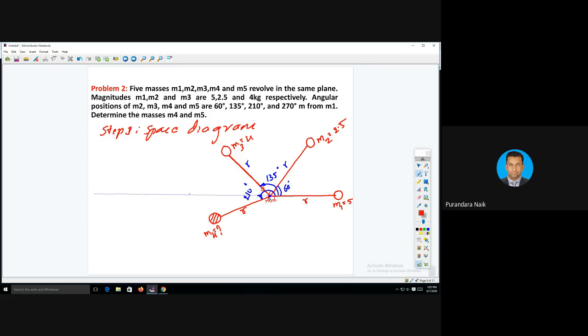So it is exactly vertical. See, this is the vertical line.